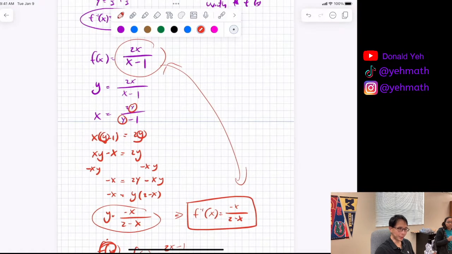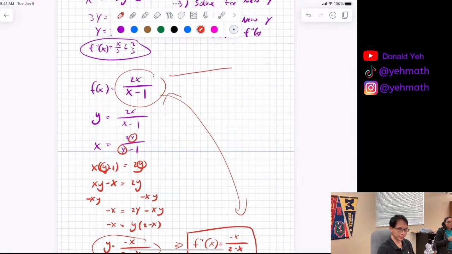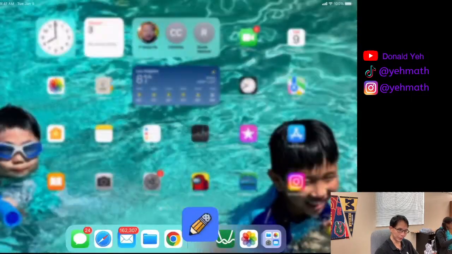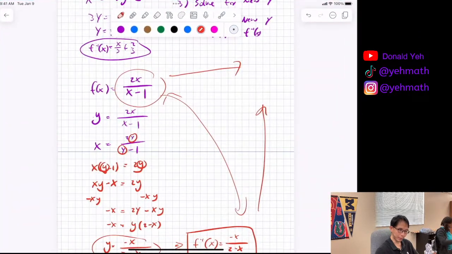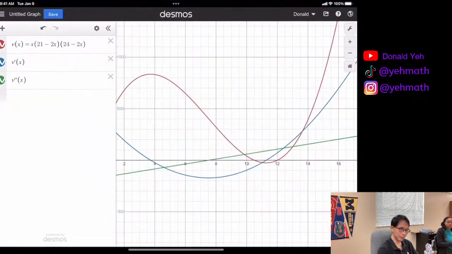I'm going to look at this graph. I'm going to compare those two graphs, and you're going to tell me what things you can extract from that graph. So I'm comparing 2x over x minus 1 with negative x over 2 minus x. I'm going to show you what a graph does. Okay, I'm going to go to decimals.